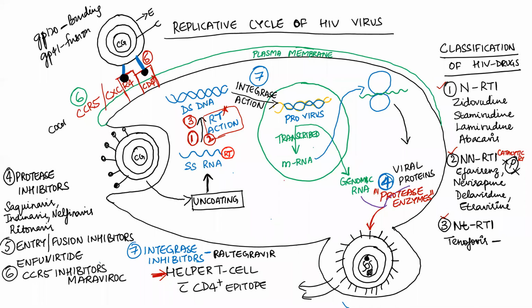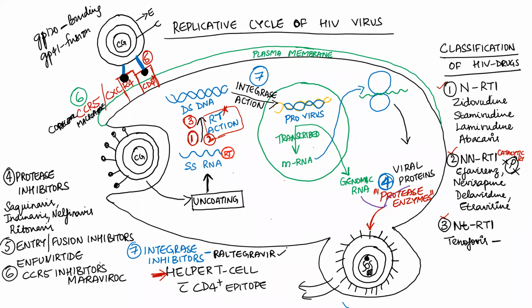The first co-receptor is chemokine co-receptor 4, and if we are dealing with a macrophage, we would have a co-receptor called CCR5. So these are your CCR5 inhibitors, and then lastly we have integrase inhibitors, and the drug is raltegravir.